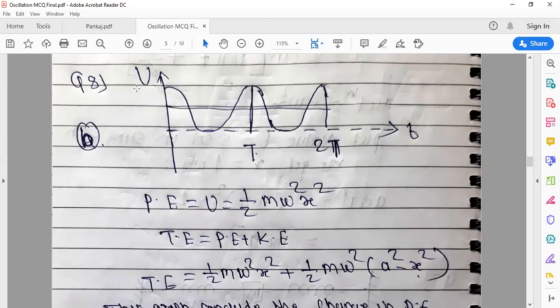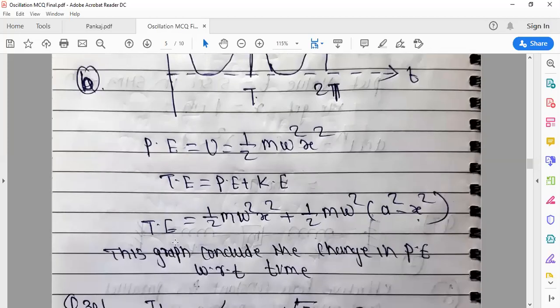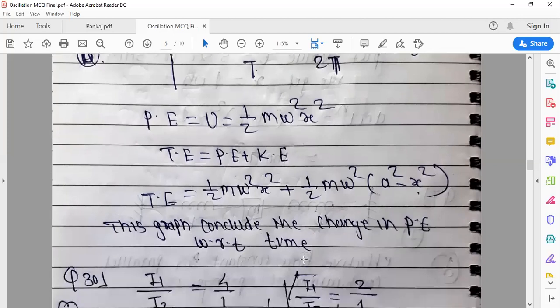So the second option is correct. Potential energy of the particle varies with respect to time t. Why? The potential energy is 1/2 m omega square x square, and the total energy is the potential energy plus kinetic energy. Finally, total energy remains constant, 1/2 m omega square a square. So the correct option is option number D.